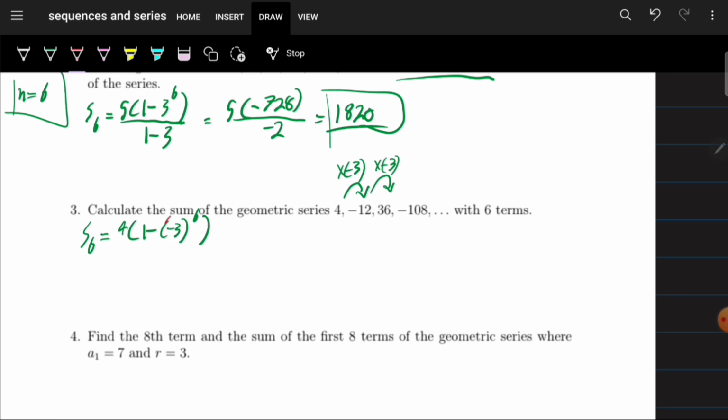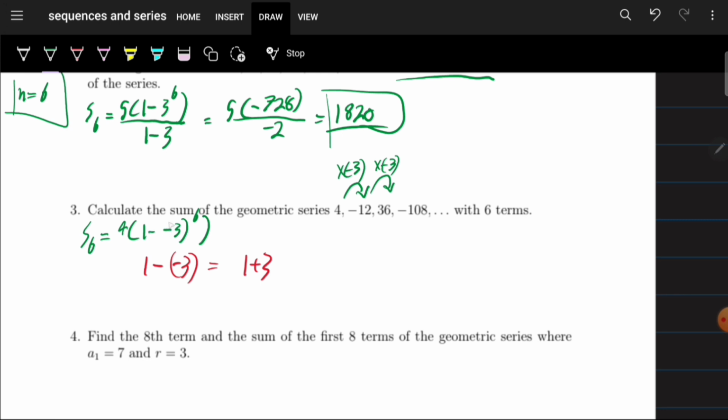So in this case, we had negative 3, so we have to do negative 3 whole thing to the power of 6. What we shouldn't do is cancel the negatives, put positive here, right? Because if we have 1 minus negative 3, that's the same as 1 plus 3. So what we shouldn't do is write 1 plus 3 to the 6. That would be wrong.